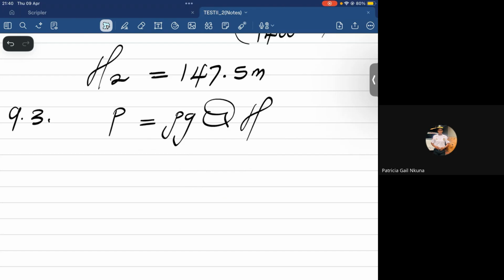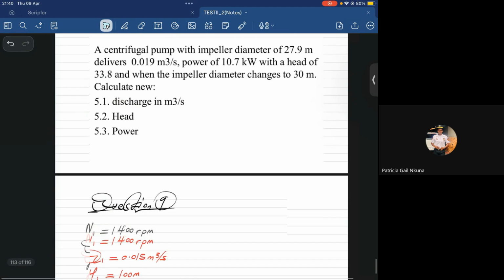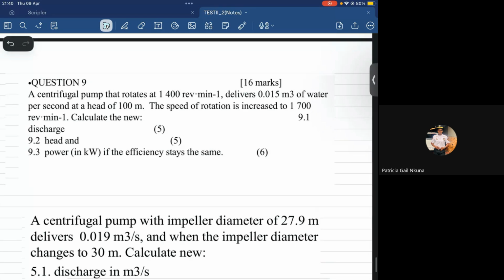Right, so from here, let's assume this centrifugal pump is delivering water from one point to another.